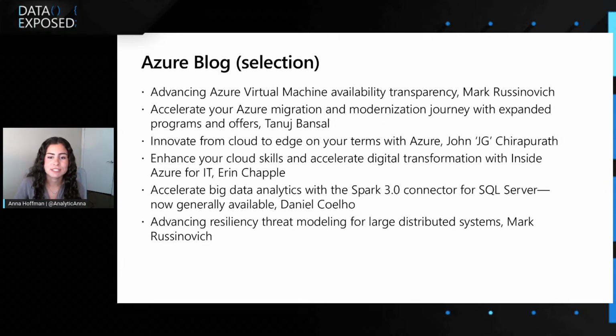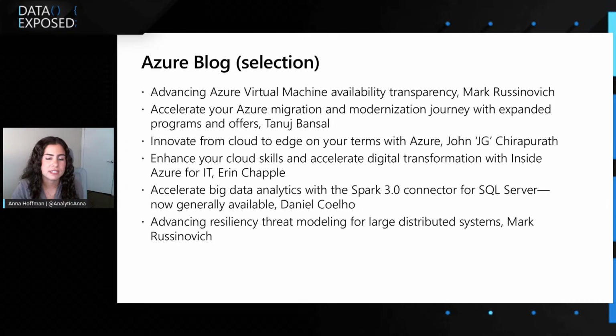The last one I found really interesting. It's called Advancing Resiliency: Threat Modeling for Large Distributed Systems. This one's interesting because he talks about how we manage the living risks threat model. I thought this was about injection attacks or cyber attacks or other things like that.